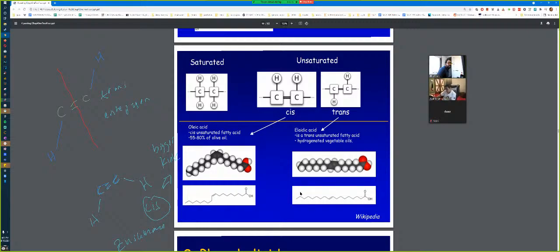Yeah, it creates a kink, but it doesn't do much. Exactly. Whereas with this cis kink, do you see how over here they're on the same side of that double bond? Here it's going this way, and here it's going this way, same side. Whereas here, this carbon's going up and this one going down. So that's trans. So the cis ones create a kink that puts a bend in the entire molecule.